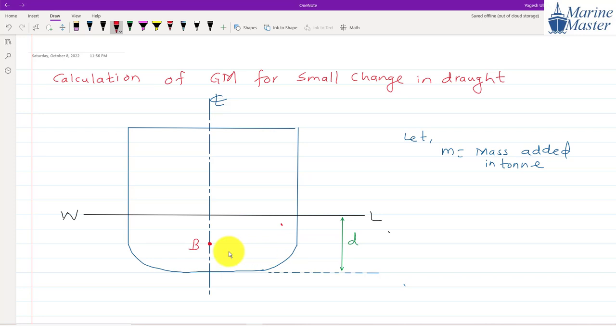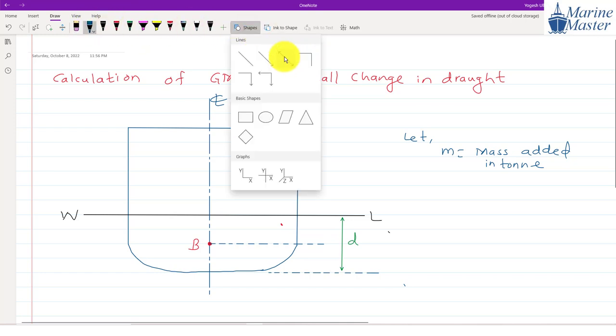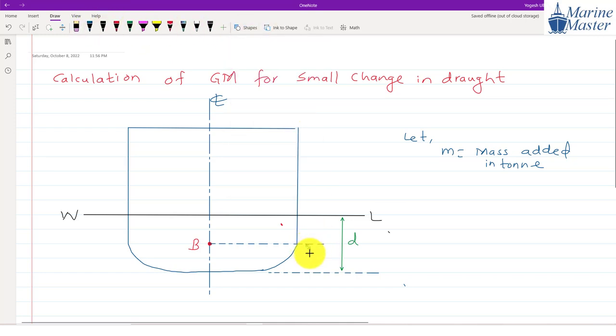And its distance from the keel, what does that distance denote? That will be KB.